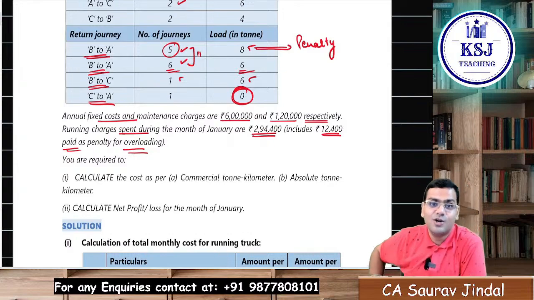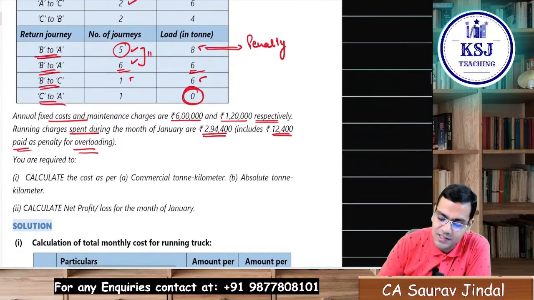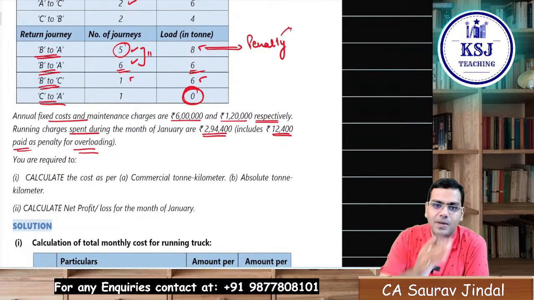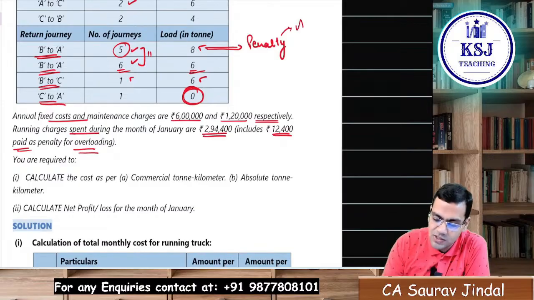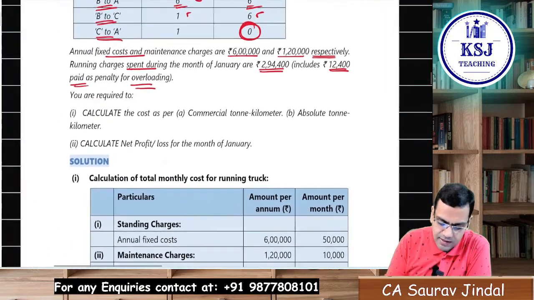Whether it is a normal cost or an abnormal cost, obviously the penalty for overloading is your mistake, you will bear it from your pocket. So it is your abnormal cost. It is not a normal thing, sir.